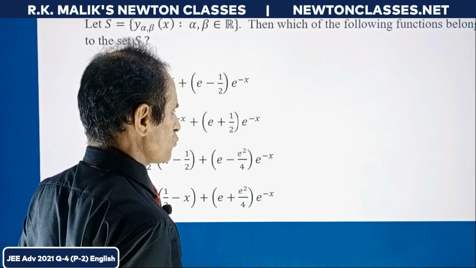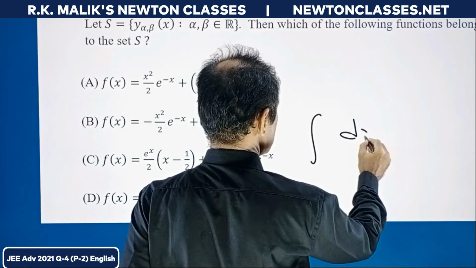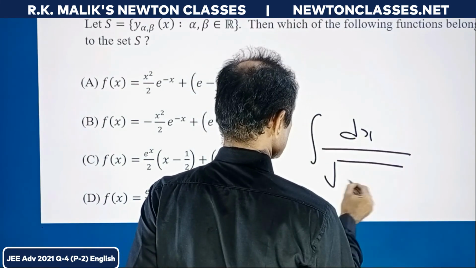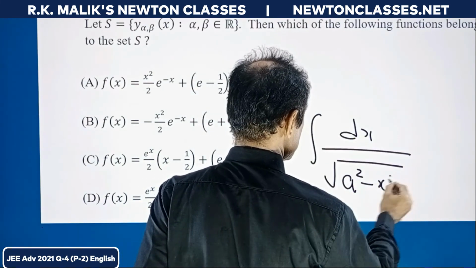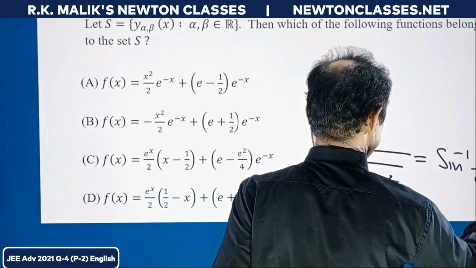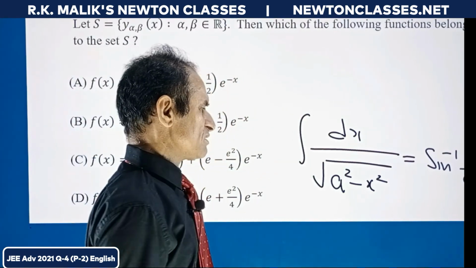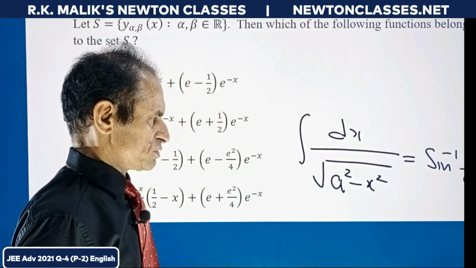And as I have told you in the beginning that I will tell you the mistake in this formula also. The mistake lies here, that this formula is correct only if A is positive.